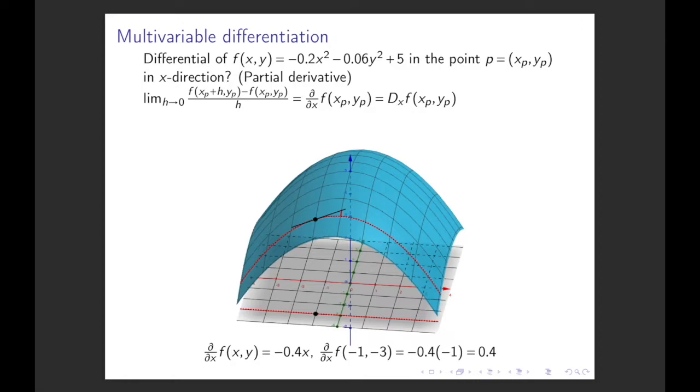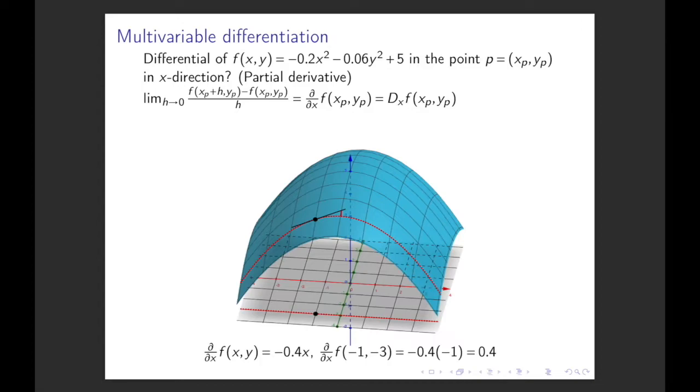Calculating the partial derivative for each point in x direction, so we keep y fixed but unknown fixed. We only have to differentiate as if this was a function in one variable, so only the term in x, that is 0.2 x squared. Everything else is a constant and doesn't impact the derivative.